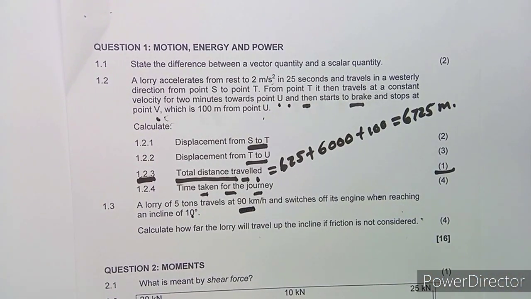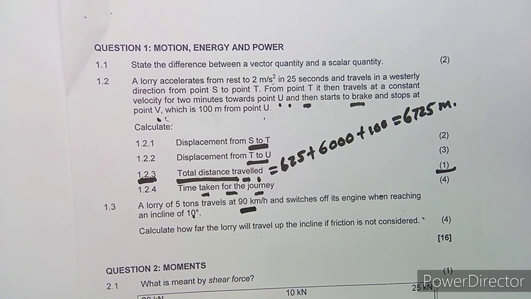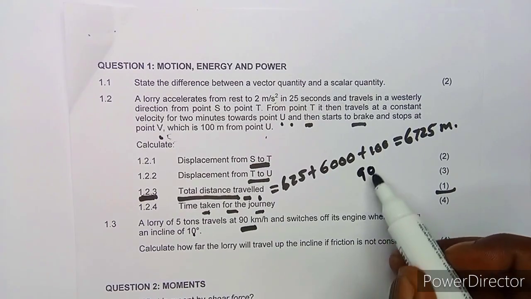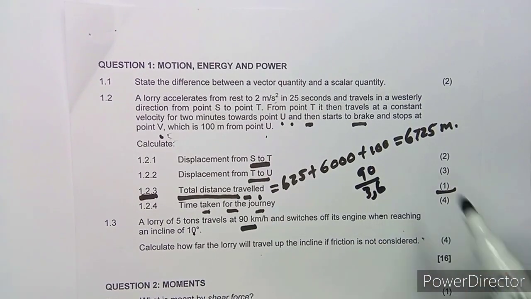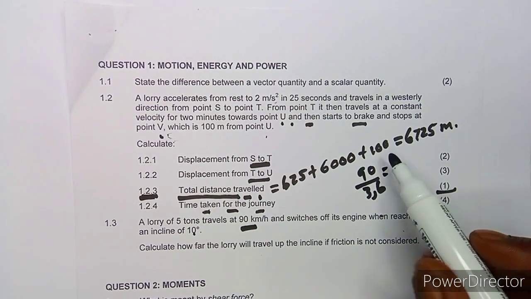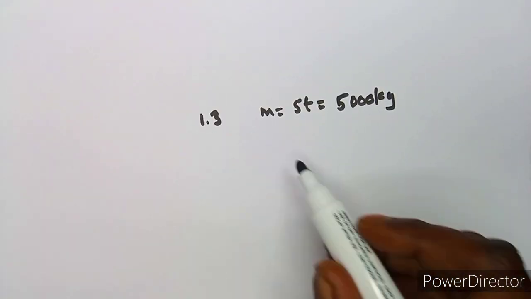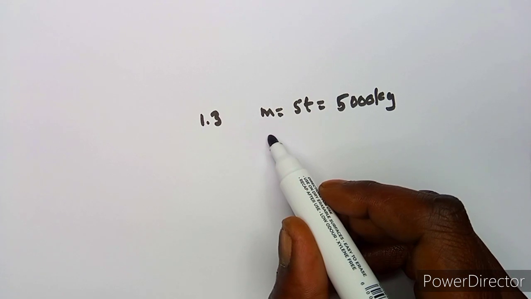The velocity in kilometers per hour is supposed to be in meters per second. So 90 divided by 3,6 is going to give us meters per second of 25.